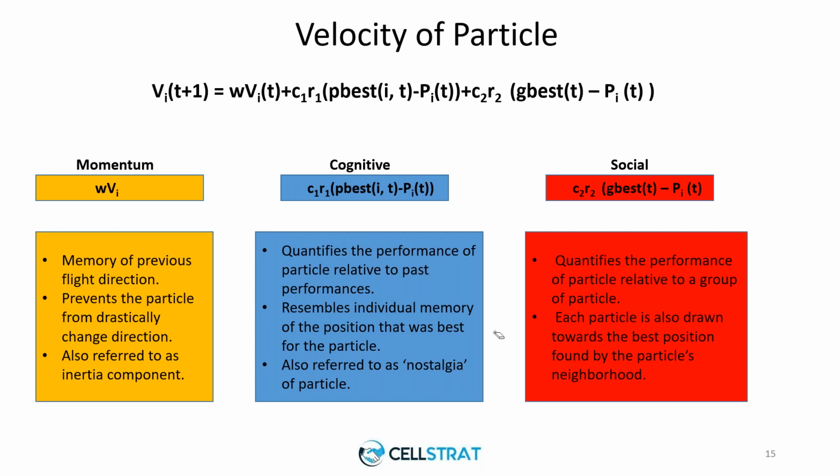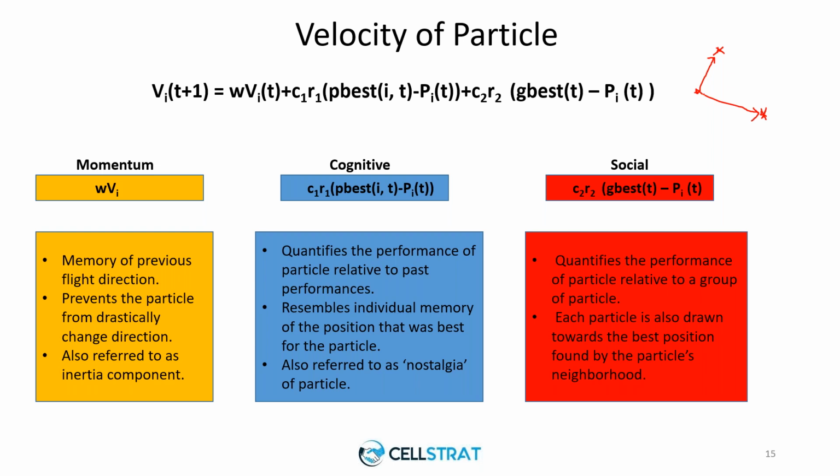So each particle, apart from being drawn towards its individual best, will also be drawn towards the group best. So let's say this is my current position, this is my personal best here, and this is my global best somewhere here, represented by this vector.